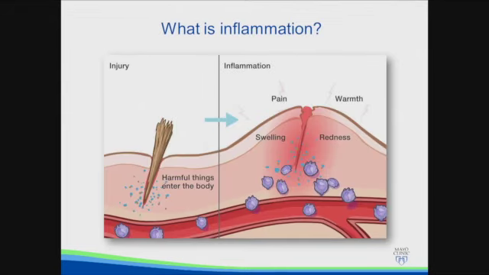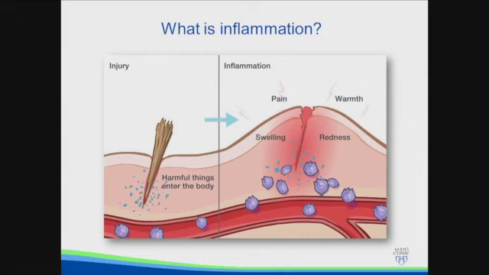Here is just a cartoon showing that if you injure the skin, and maybe in Arizona I should have had a cactus spike here, white blood cells, which are part of our immune system, are going to come to that location and produce inflammation. So inflammation is going to cause swelling, redness, warmth, pain, and these white blood cells are there to try to repair the damage and the injury that's been done.